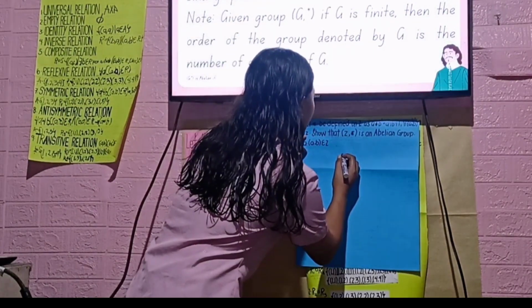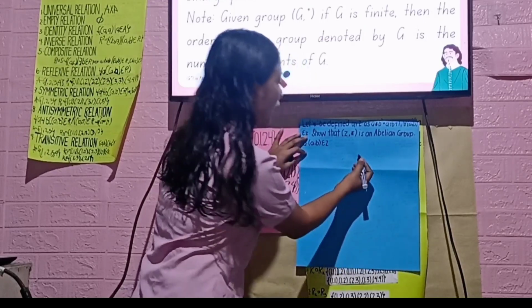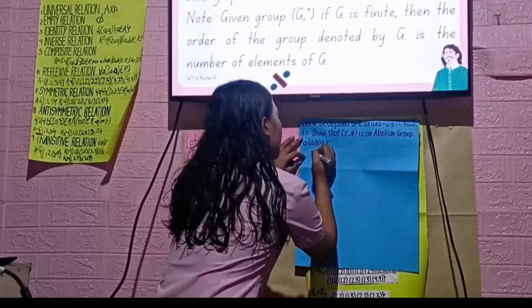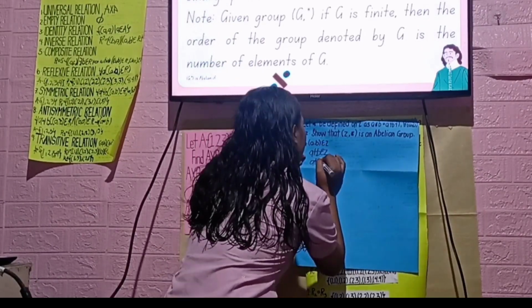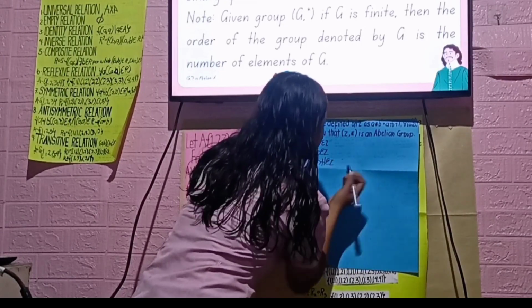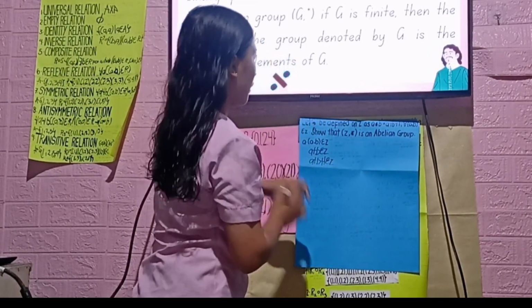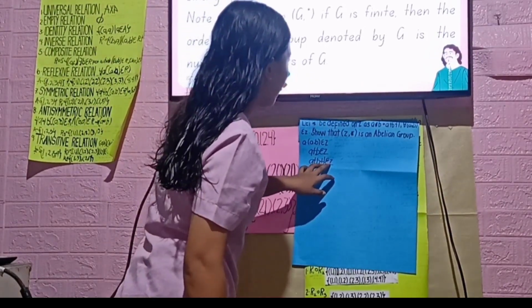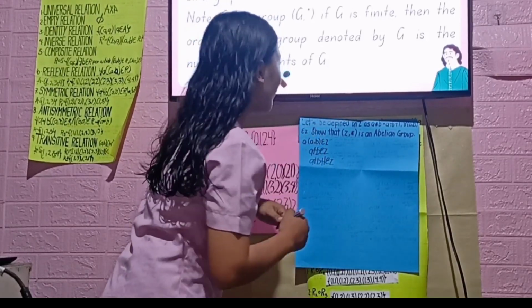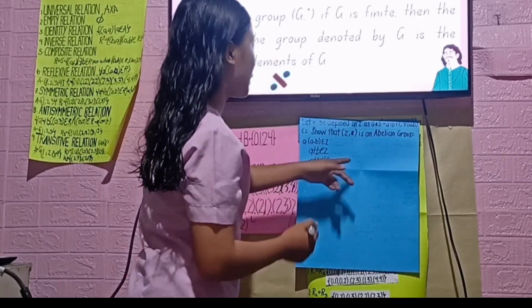By the definition, if we add A and B, the result is also an integer. So A plus B plus 1 is also an element of the integers. What is A plus B plus 1?